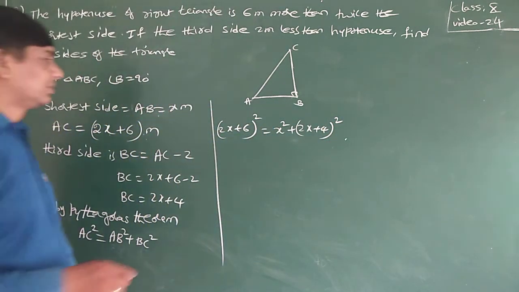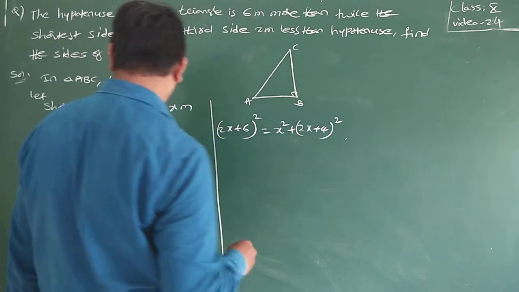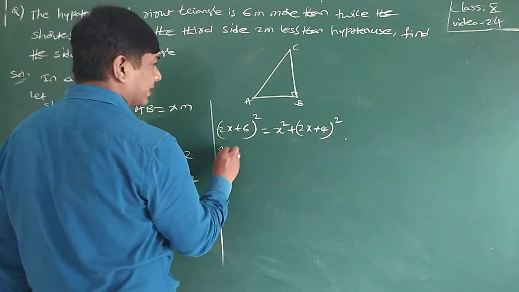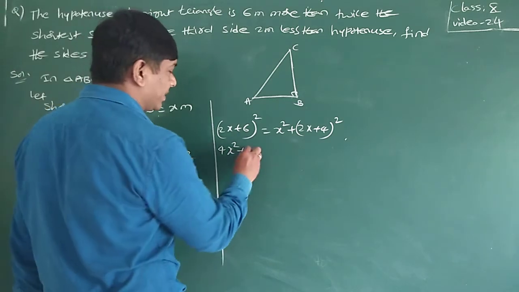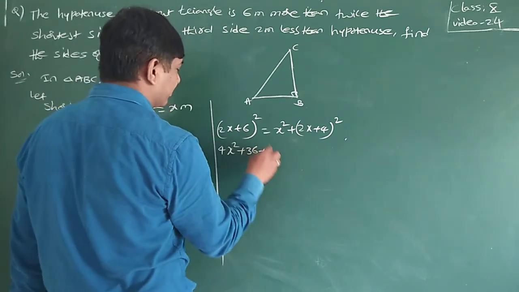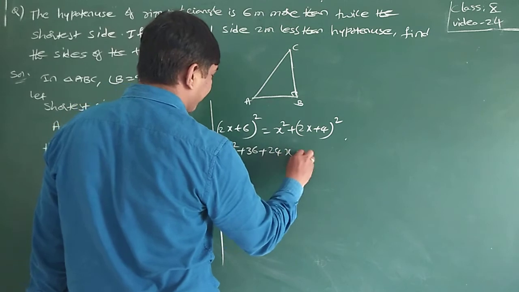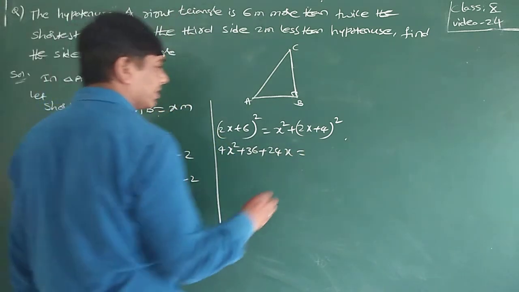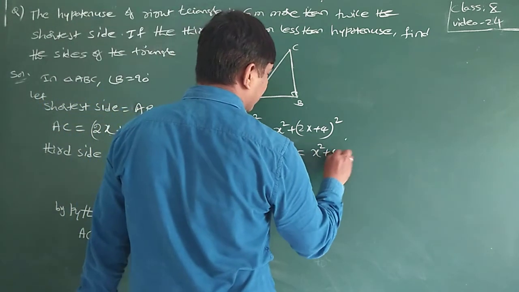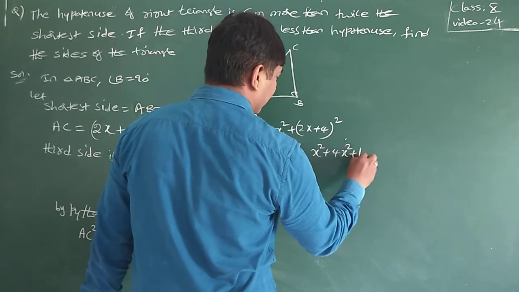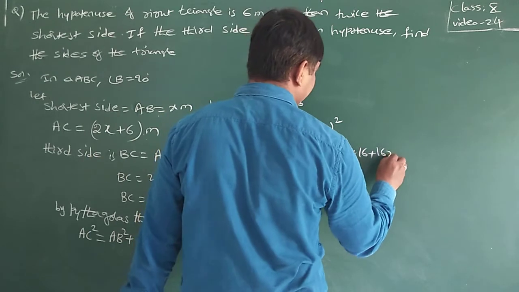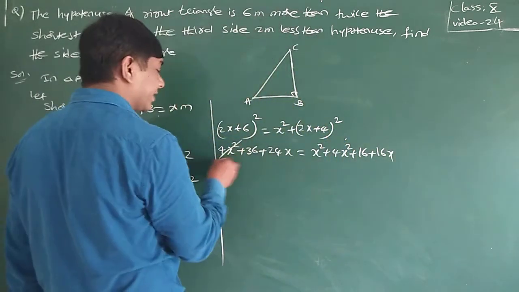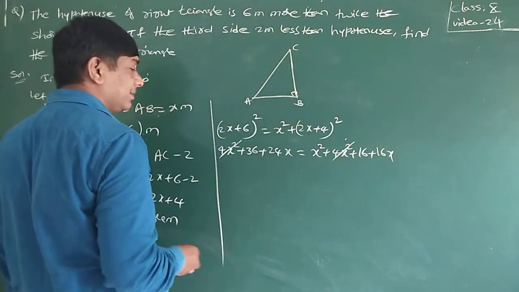Now (a plus b) whole square is a square plus b square plus 2ab. So 4x square plus 36 plus 2 times 2 times 6, that is 24x, is equal to x square plus 4x square plus 16 plus 2 times 2 times 4, that is 16x. Now 4x square can cancel.